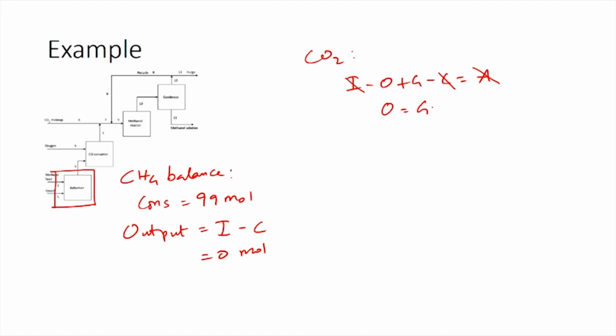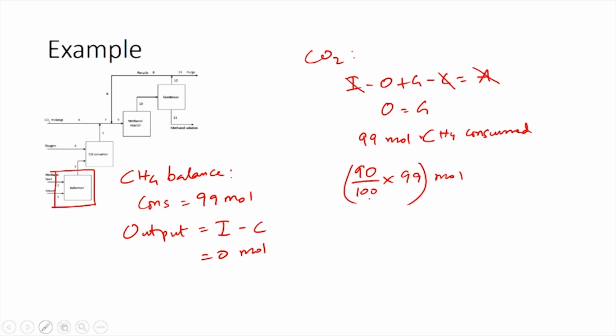We have been told that 90% of methane consumed produces carbon dioxide. So, we know 99 moles of methane was consumed. So, 90% of this was converted to carbon dioxide. So, the number of moles of carbon dioxide produced would be 90 divided by 100 times 99.